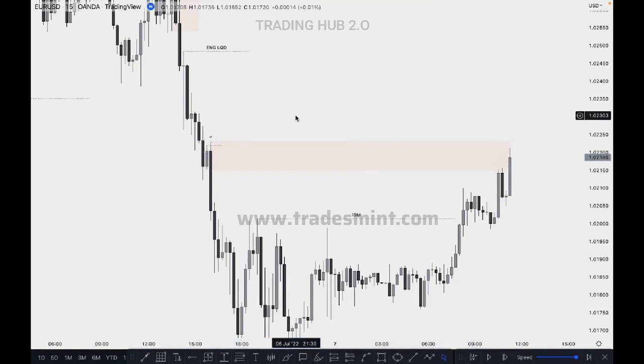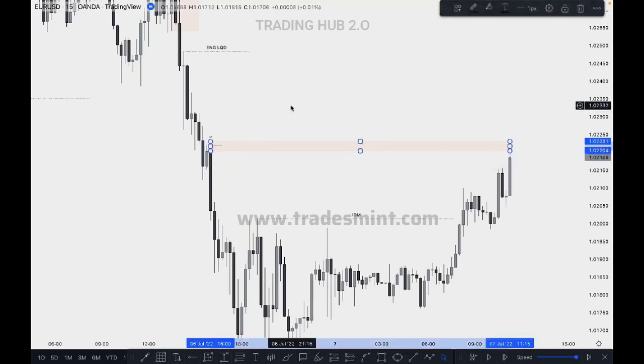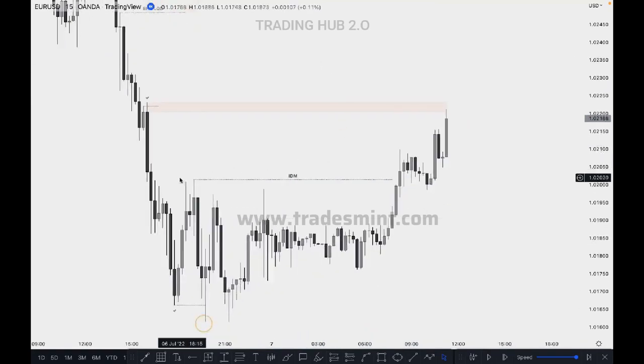This is also a good scenario, but for the refinement I took this minor refinement zone. This is also a possible scenario, but I took this zone. Correct. So the inducement has been taken out, price tapped this supply zone, and you have to apply entry type 1, which is applicable on the supply and demand zone.